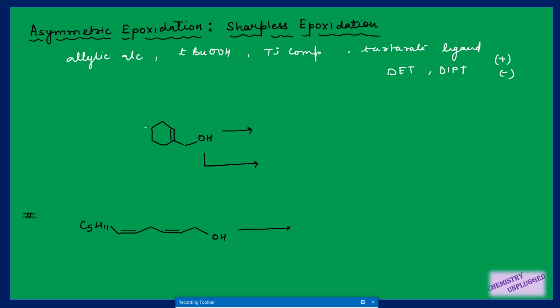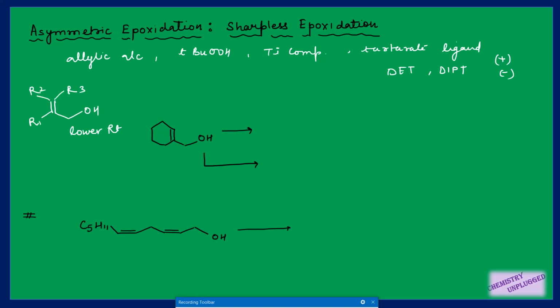So what should be the basic condition for how you can do this reaction? You have to draw your allylic alcohol in such a form that this double bond is in vertical form, right? And this hydroxymethyl group should be on the lower right hand side, right? And here you have one more alkyl group attached.